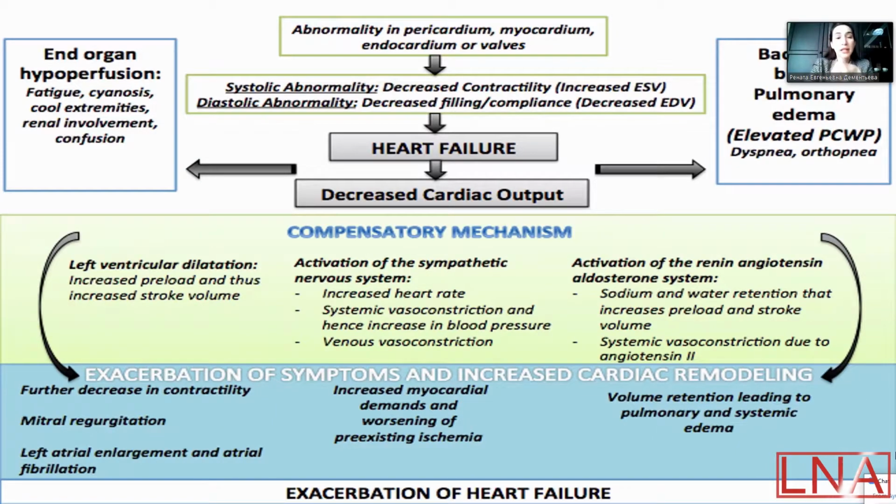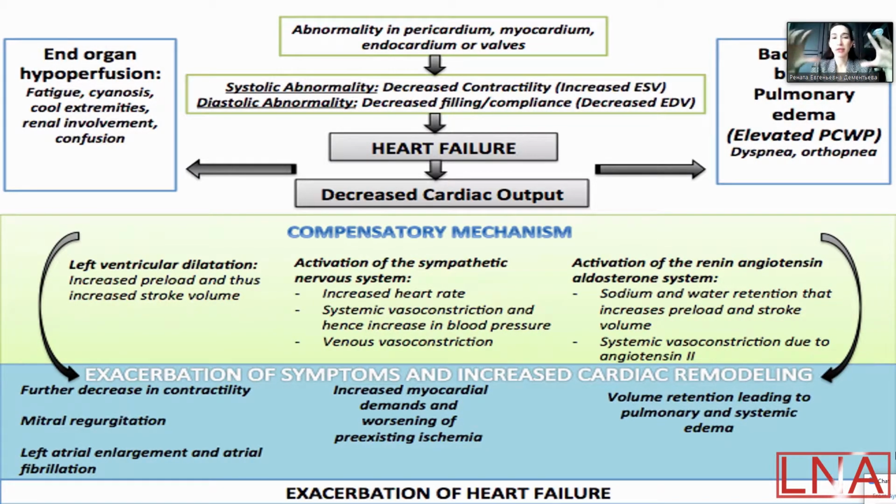The last mechanism of compensation is activation of the renin-angiotensin-aldosterone system with sodium and water retention, which increases preload and stroke volume, and systemic vasoconstriction due to the action of angiotensin II.